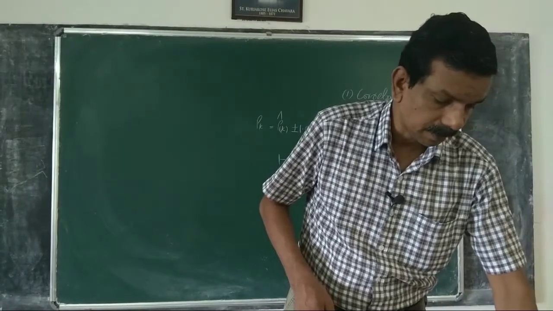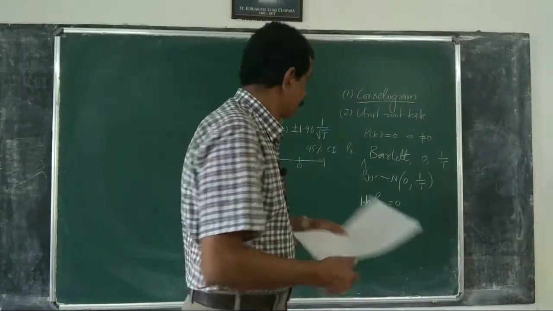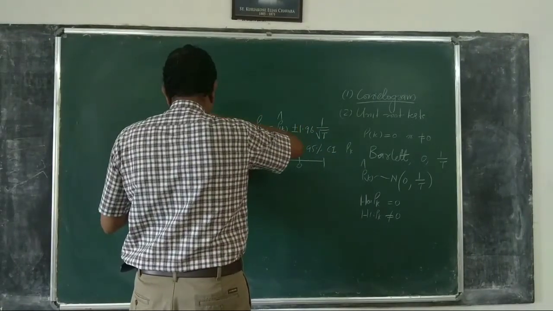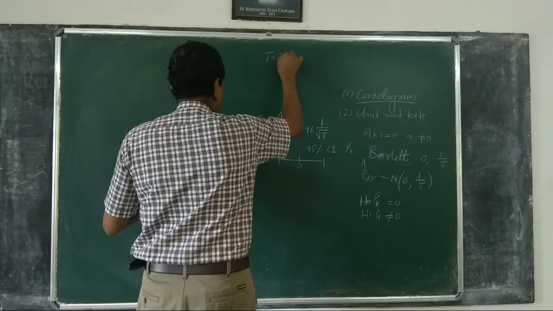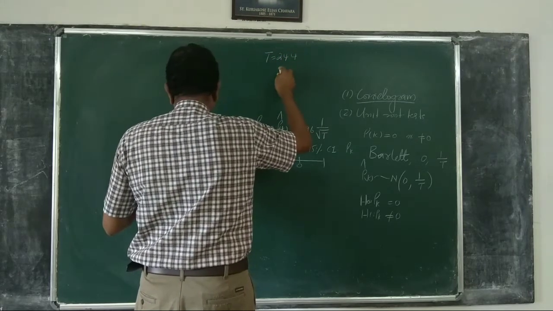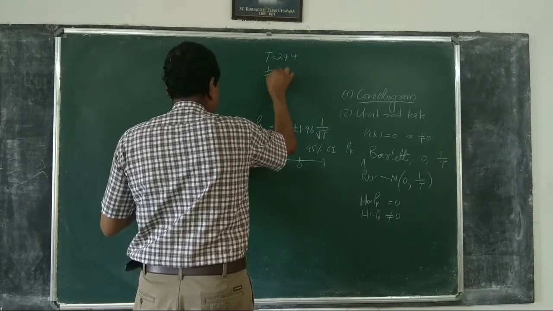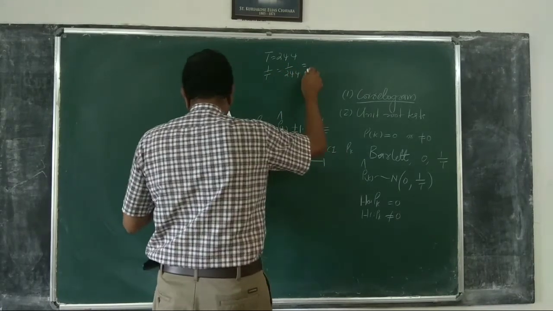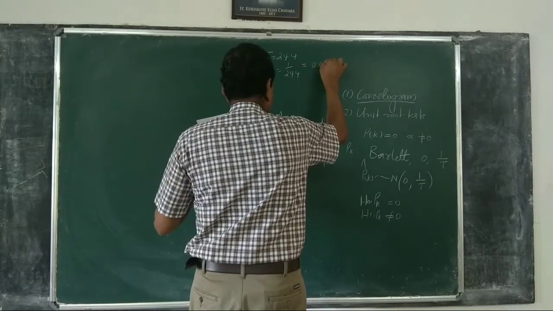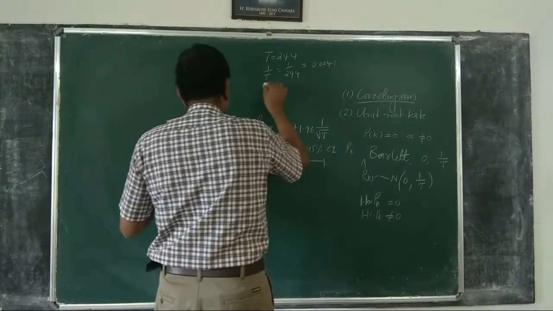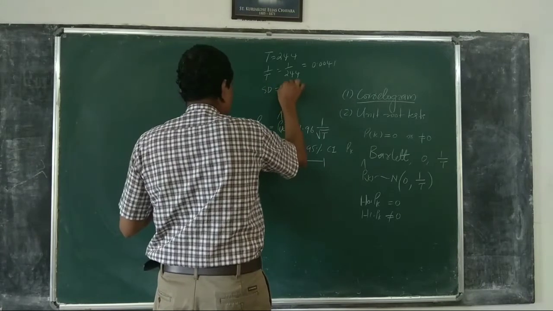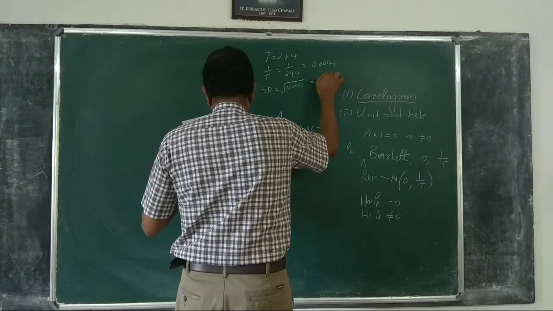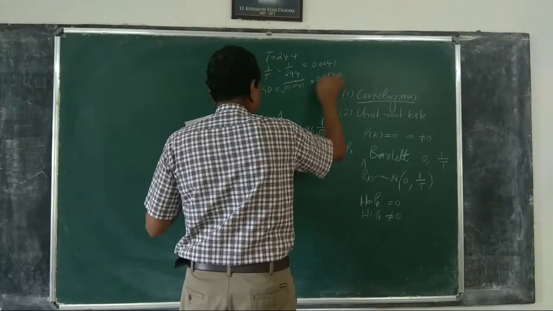Now, let me consider a simple example. Suppose that we have T is equal to 244 and 1 by T is equal to 1 by 244 is equal to 0.0041, and standard deviation is root of 0.0041, which is equal to 0.0640.